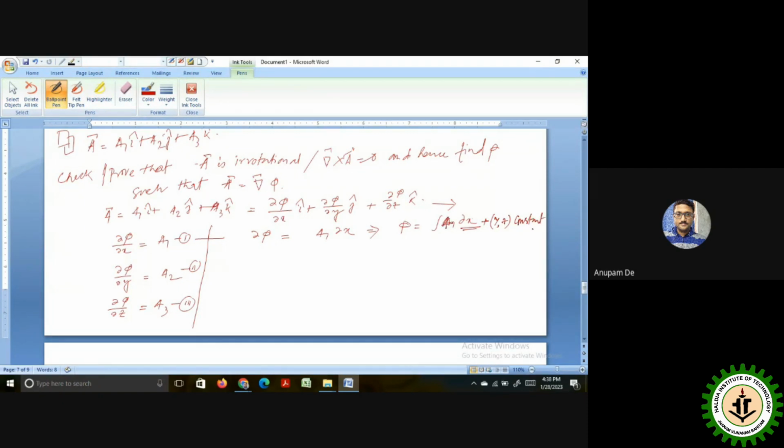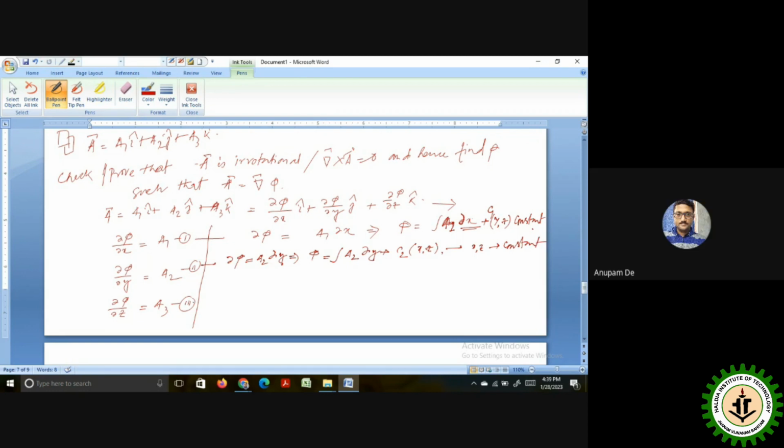This A1 is basically A1 of x, y, z, but y and z will be constant because we are integrating with respect to x first. So the constant will be, say, C1, a function of y and z. Similarly, from the second equation, I will get del phi equal to A2 del y, which will imply phi equal to integration of A2 del y plus C2 of x and z, where x and z are constant.